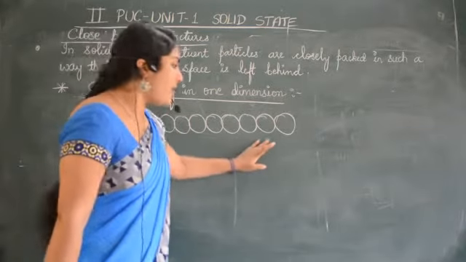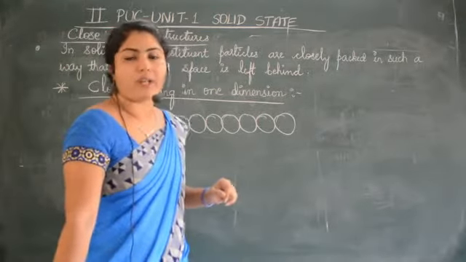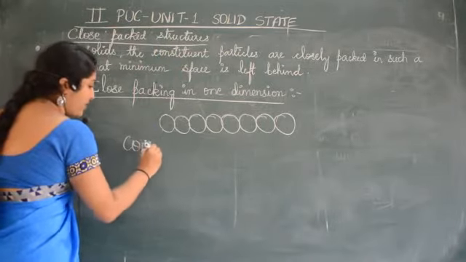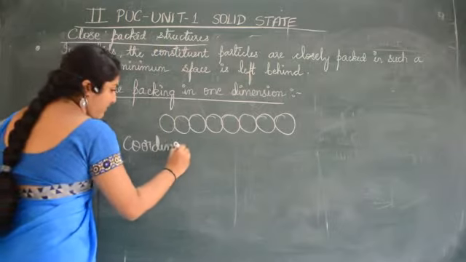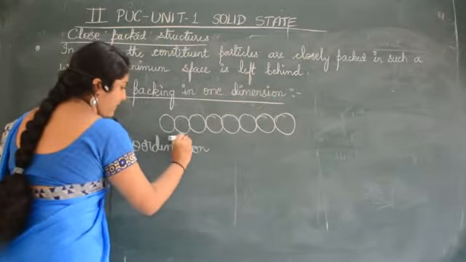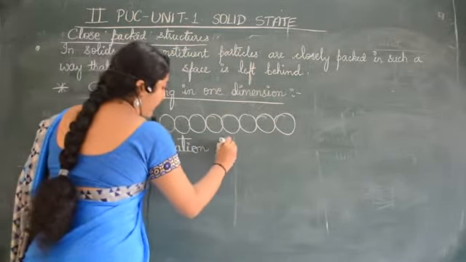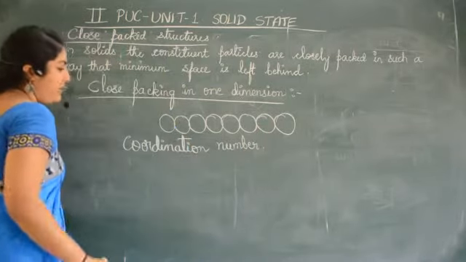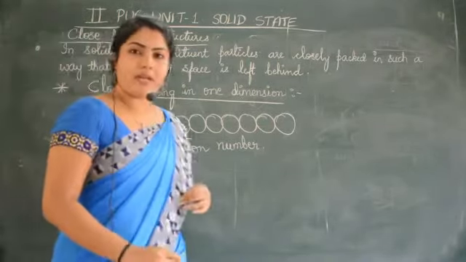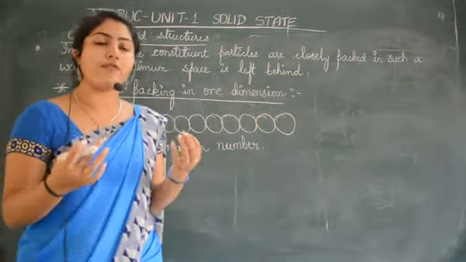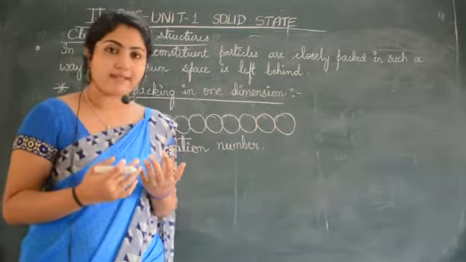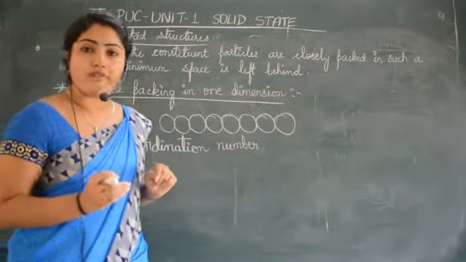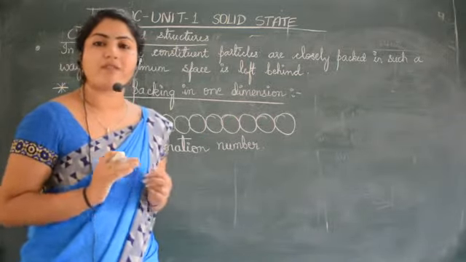What is coordination number? Now I told you a term, coordination number. What is it? We say you must have coordination. That means how you stay together. Here coordination number means the number of nearest neighbors of the particles.